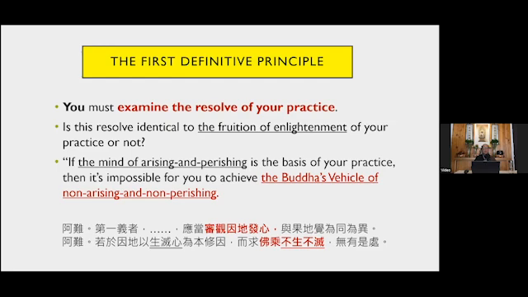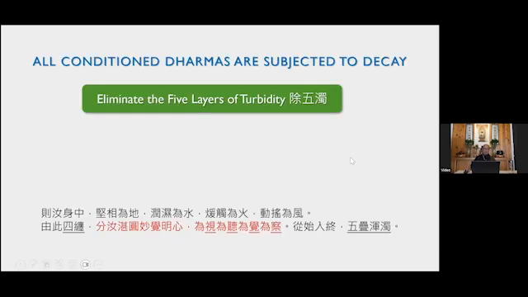What we are looking for is the so-called non-arising and non-perishing. So we have to keep that in mind and examine again and again: what we are practicing with and what we achieve or experience, do they belong to arising and perishing or non-arising and non-perishing? That's the first definitive principle.